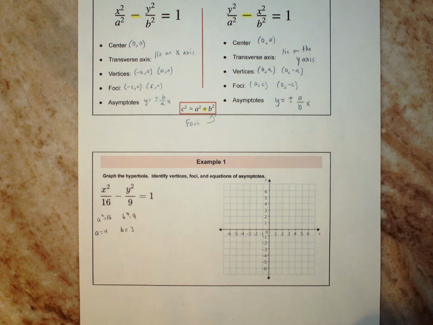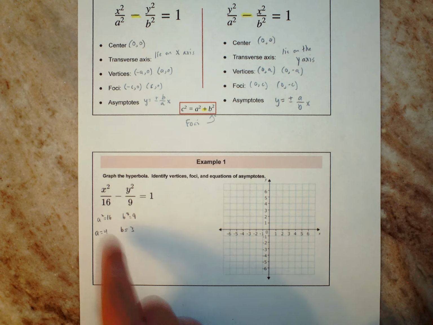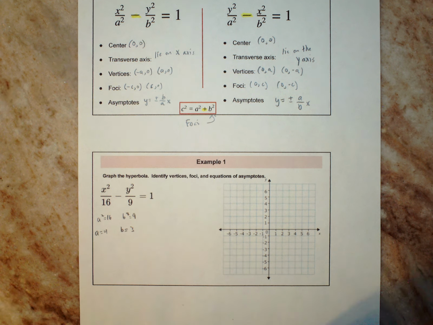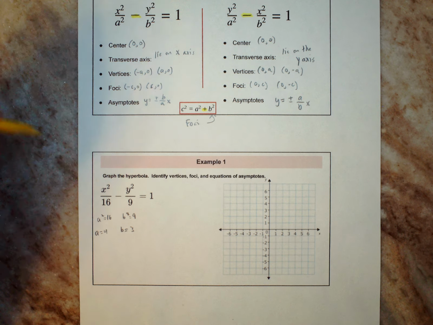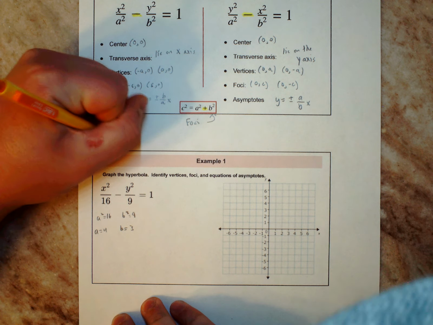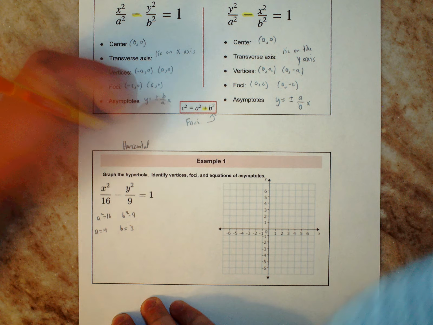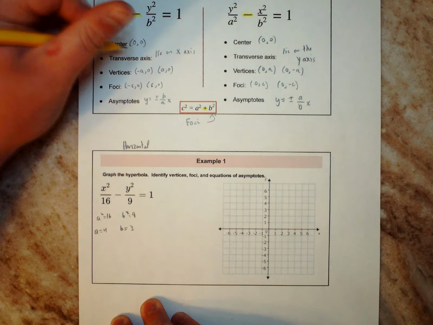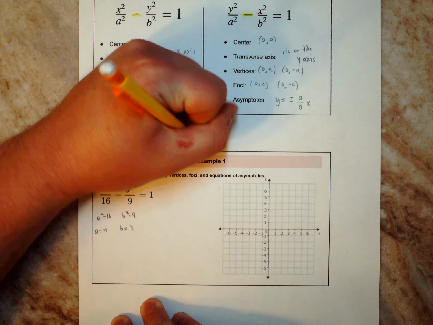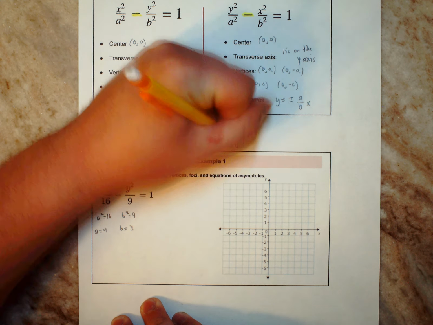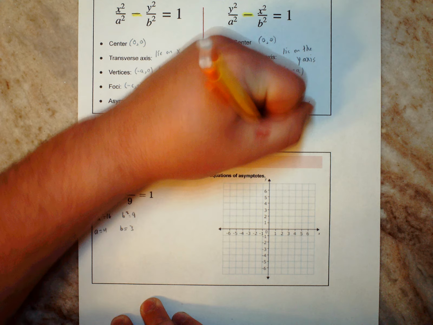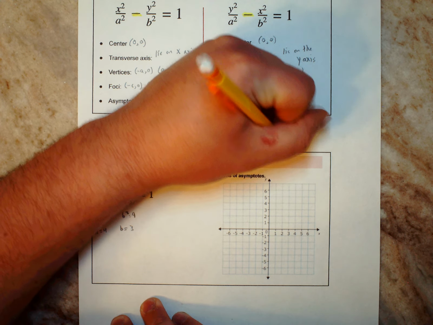So what that means is the center is going to be a units away from the vertex. Now, since the x squared is first and it's positive, this is going to tell me it's going to be a horizontal hyperbola. So my transverse axis is going to be horizontal.